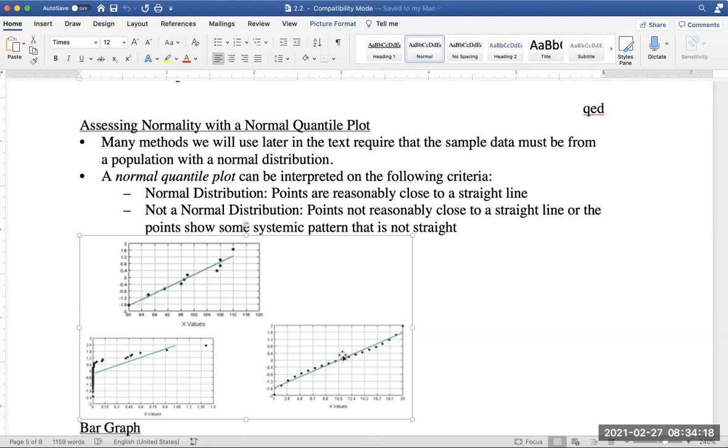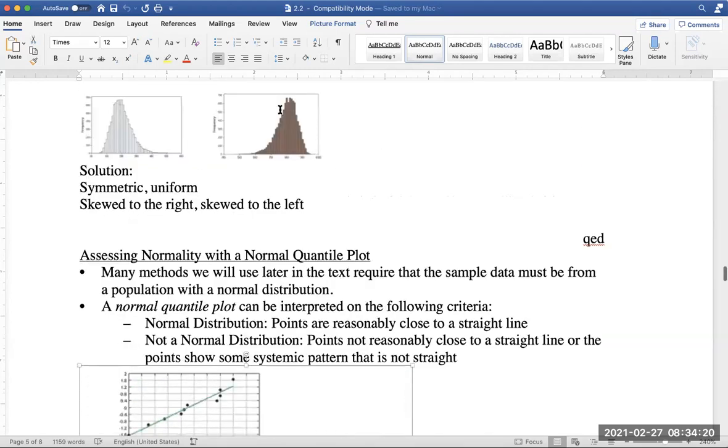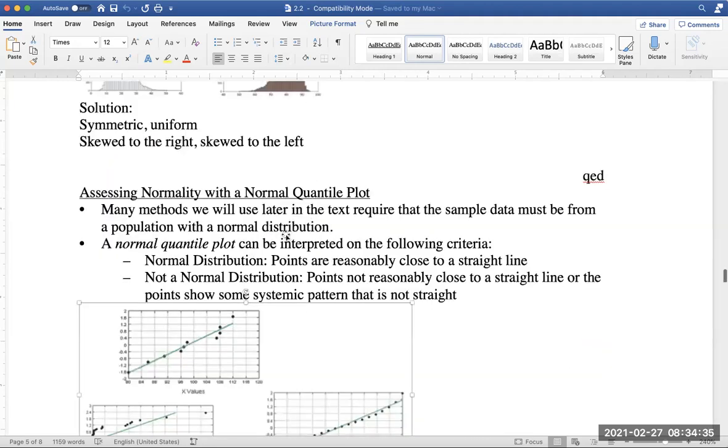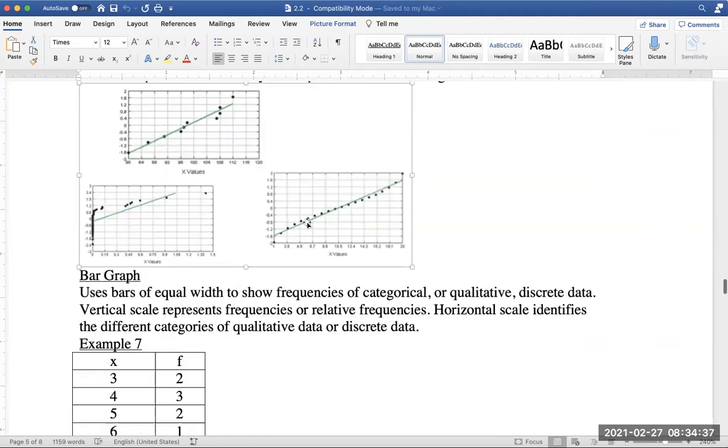And if you look at this, it's this guy here. This is actually a normal quantile plot for a uniform distribution. Those are always a little hard to distinguish because they're symmetric, but they don't look uniform, and so they don't look normal. In this case, there's this weird pattern going on here.